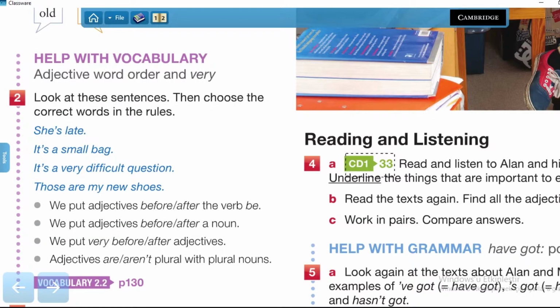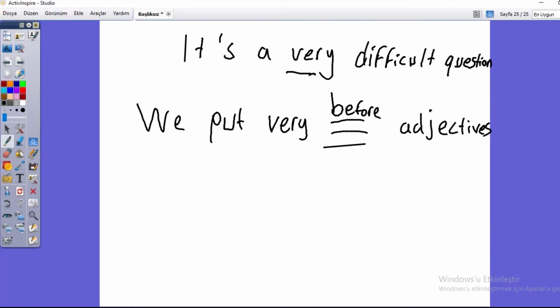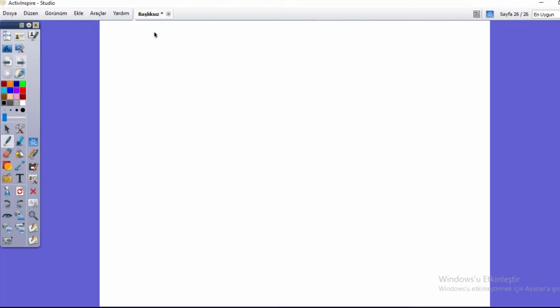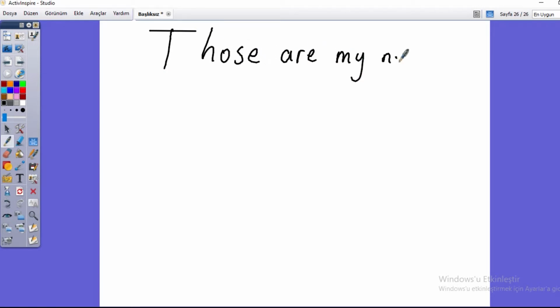And the last rule. Adjectives are plural with plural nouns, or adjectives aren't plural with plural nouns. Those are my new shoes. Here we go. What's the adjective here and what's the plural noun here? The plural noun is shoes.